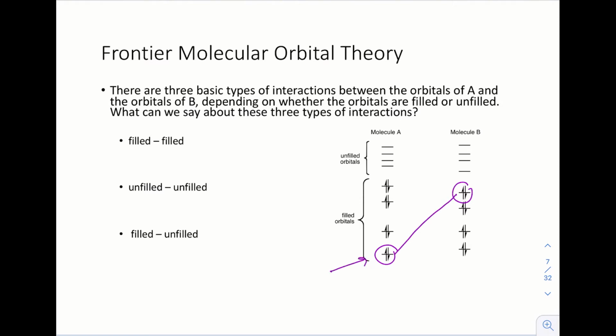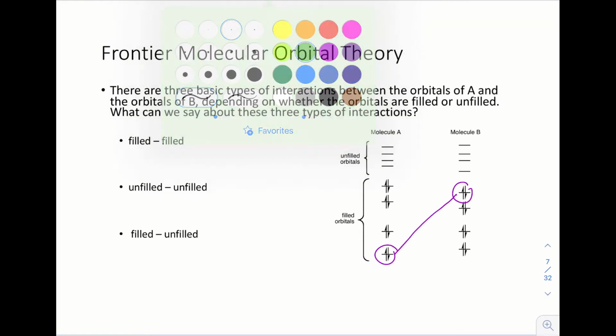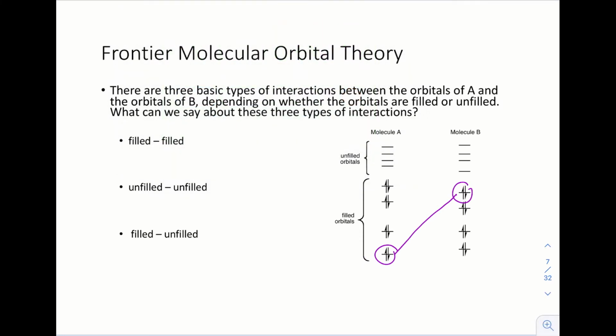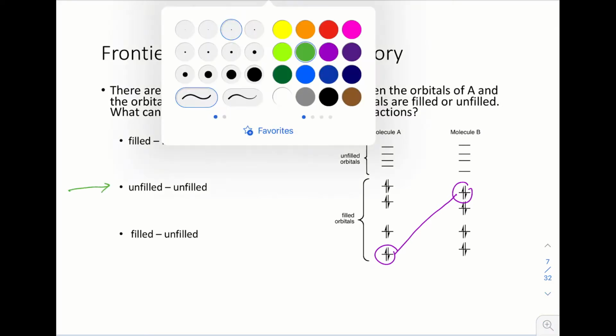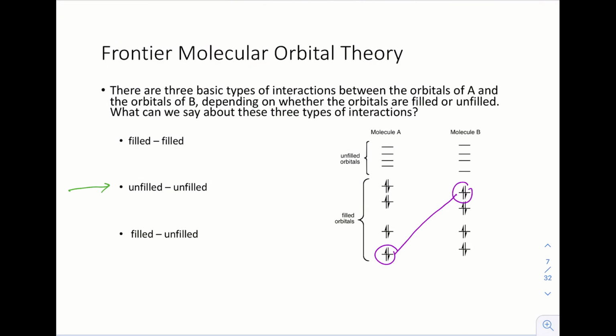So these 2 orbitals can overlap in space. 2 orbitals overlapping would generate 2 new orbitals. I'll draw out that possibility in just a minute. So that would represent filled-filled. Unfilled-unfilled might be represented by, say, this unfilled orbital in A interacting with this unfilled orbital in B. Finally, filled-unfilled interactions might be represented by this orbital on A overlapping with that orbital on B.